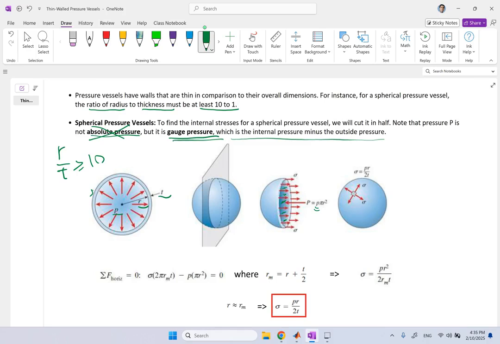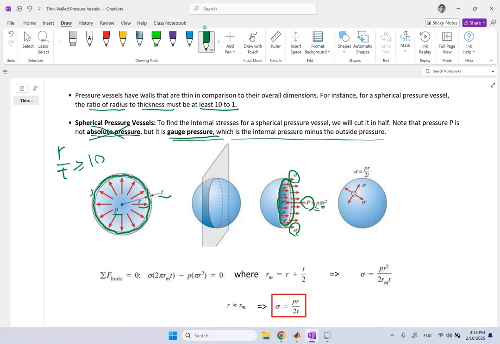So the total force acting in that horizontal direction is going to be P, the gauge pressure, times the cross section in front of the pressure, which is this cross section, and that is pi r squared. So this capital P is the total force to the left. On the other hand, the sigma, the stress, should be multiplied by this basically donut shape here. Okay, you have to find the area of that. That is where the sigma is acting to find the total force to the right.